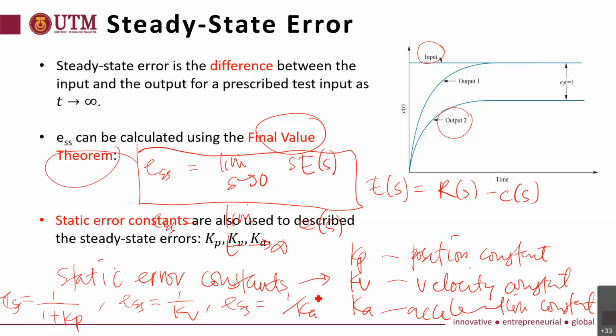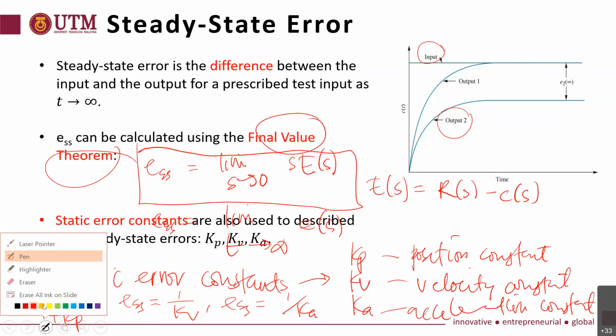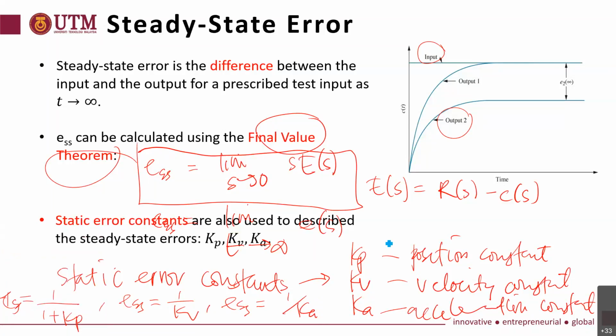All depending on the input. Kp is related to the step input. Kv is related to the ramp input. And Ka is related to the parabolic input.